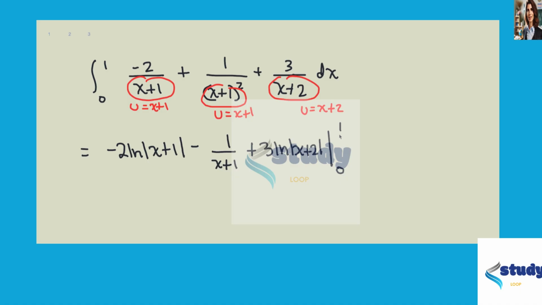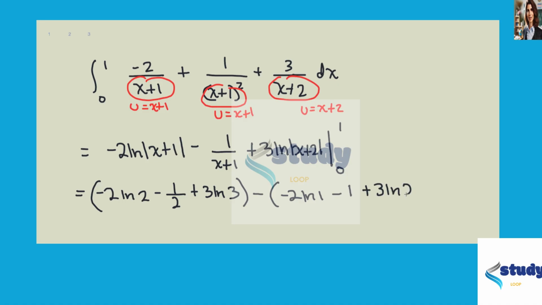Now we just go ahead and plug in 1 and 0 for x. So this is what we get when we plug in 1. Now go ahead and plug in 0. And that's what we have. And now we simplify as much as we can.